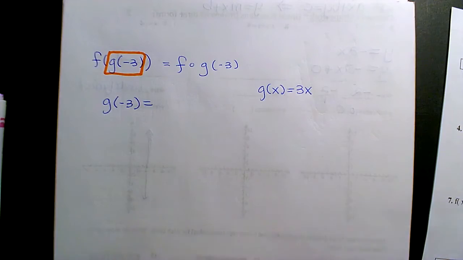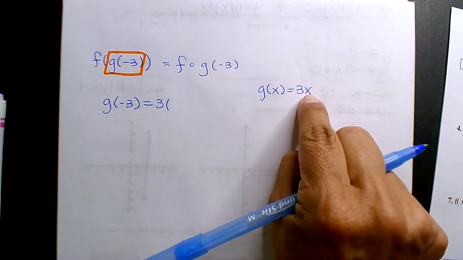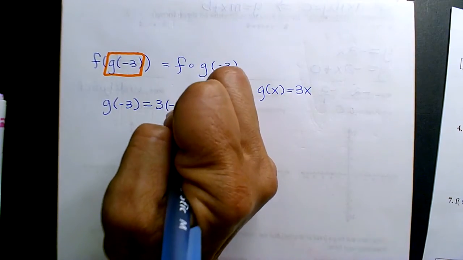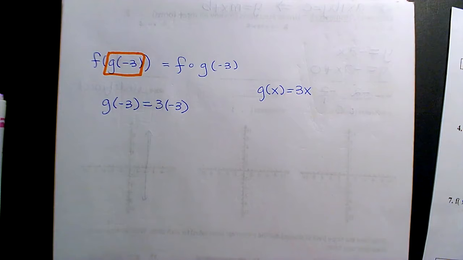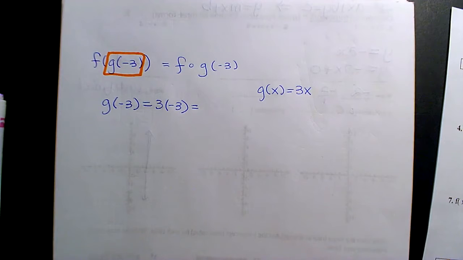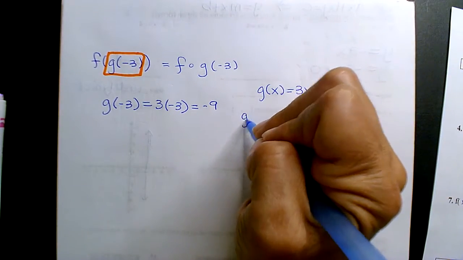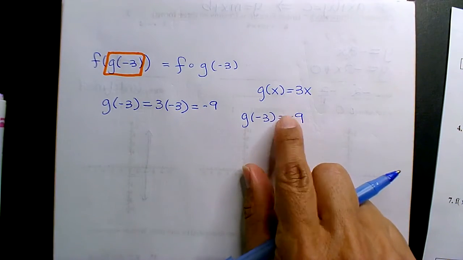So 3, but instead of x, negative 3. I'm going to replace every x with negative 3, and then perform PEMDAS, order of operations, and I get negative 9. So g of negative 3 outputs negative 9.